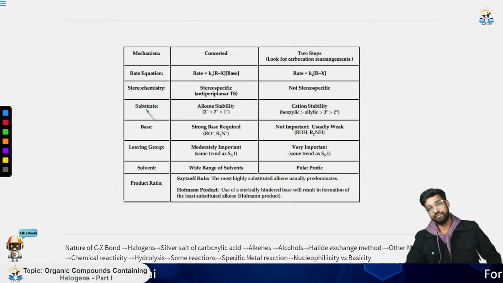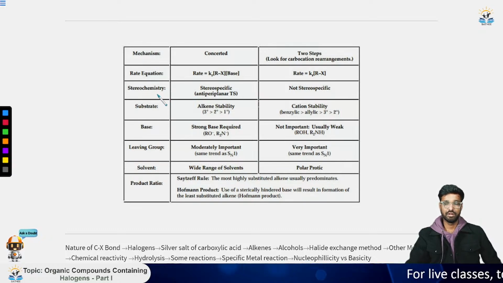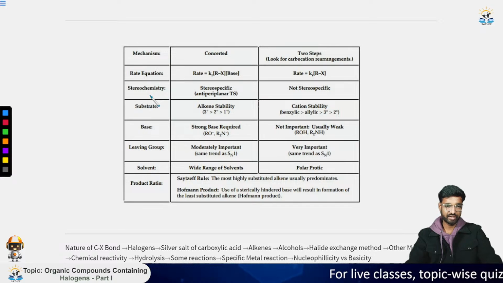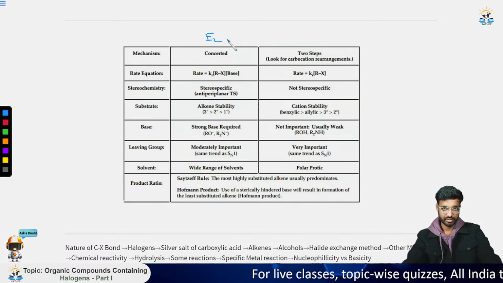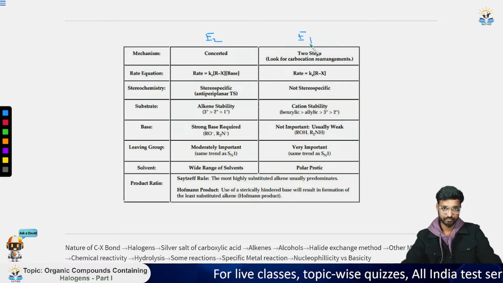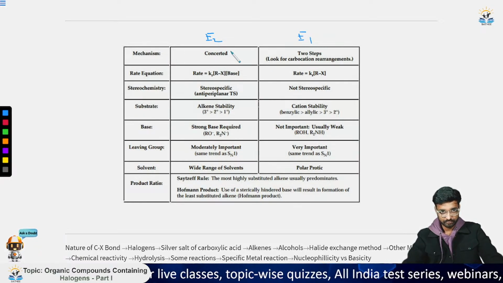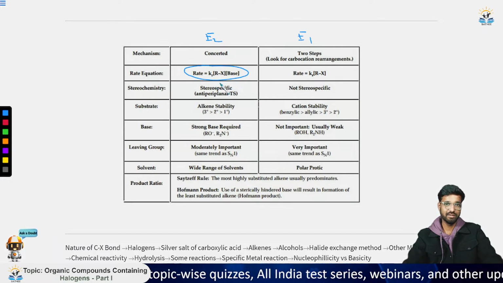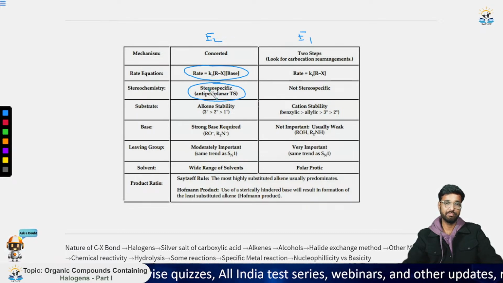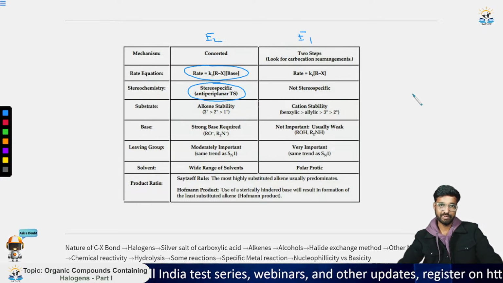Now coming to E1, so it is same as SN1 and SN2, meaning it is not that much different in terms of conditions. This is E2, this is E1. If it is E2, then it is a concerted mechanism, depends upon both base and halide. It is specific in nature, meaning it should be anti-periplanar.